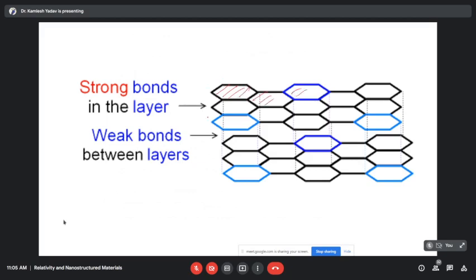This is one layer, and this is the second layer, and so on. Here there is covalent bonding, no doubt, but between the two layers there are very weak van der Waals forces of interaction, and these layers can slide easily. If you apply a little force, the layers can slide over each other.